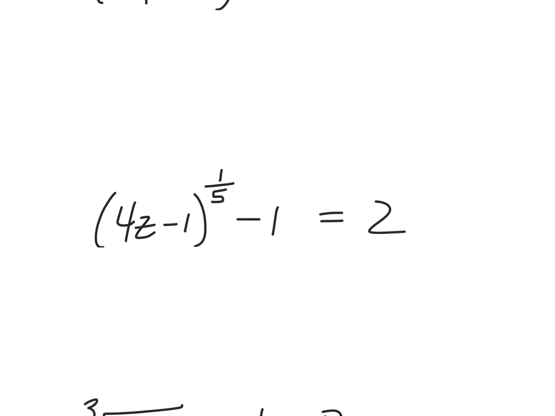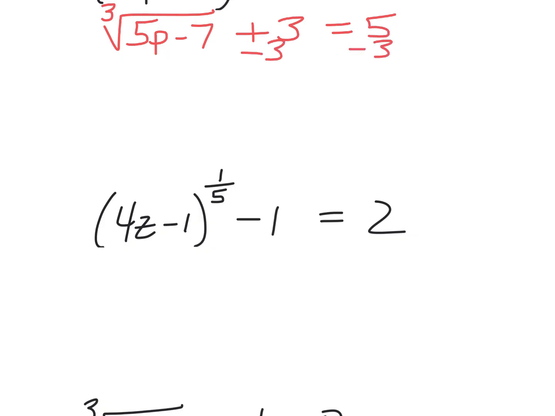Okay, a couple other examples. These have some different forms here. The first one, we've got a cube root, because that's the 1/3 power, so it means the same as this. So therefore, we do the same thing. We're going to undo the radical.